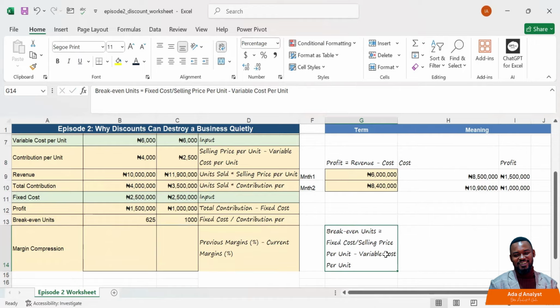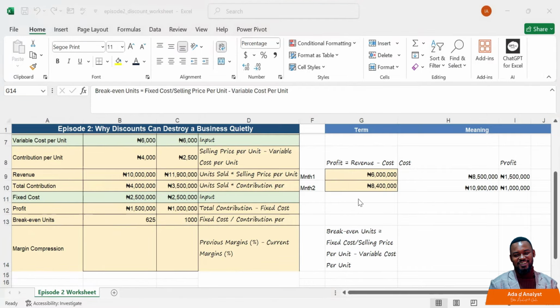If we look at this, you see that the formula we used earlier, which is fixed cost divided by contribution per unit, is actually very correct. So what did we use as contribution per unit? Contribution per unit was selling price per unit minus variable cost per unit.